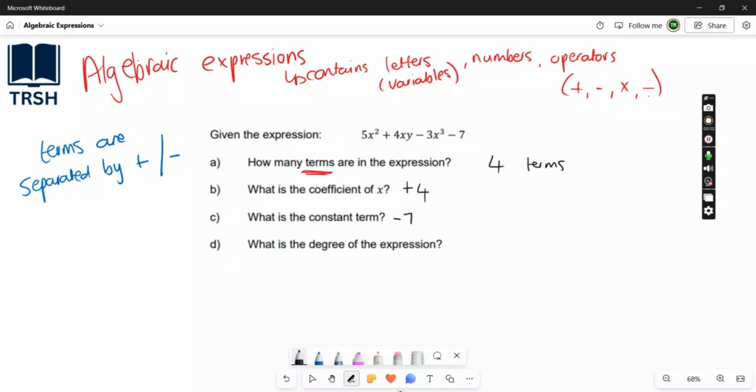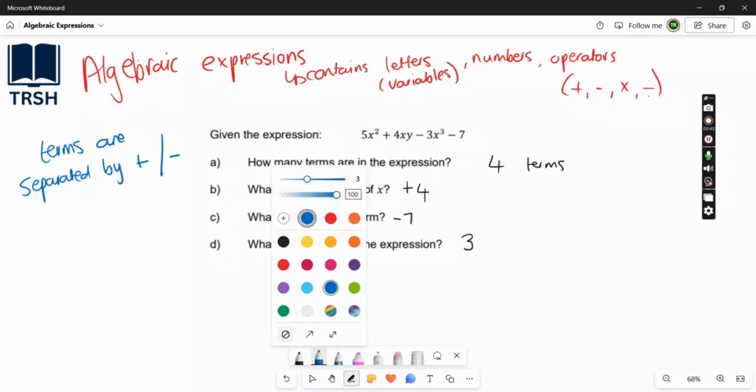And then the third question says, what is the degree of the expression? The degree of the expression is the one with the highest power. When it comes to the variables, we have x, x, x. One has the power of 2, one has the power of 1, one has the power of 3. So the degree will then be 3.